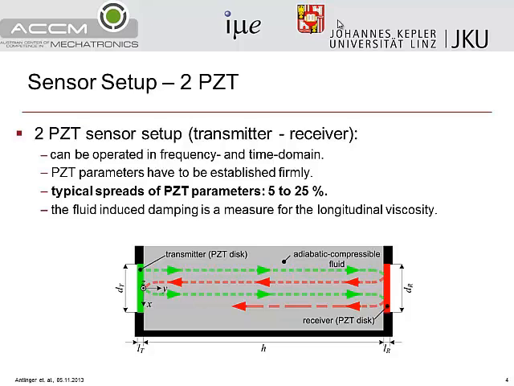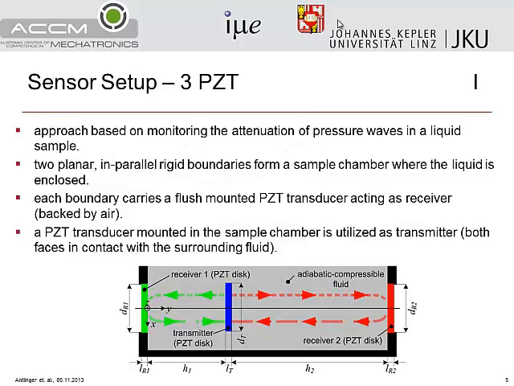What we mean with PZT parameters is the material data you get from the manufacturer. And the fluid damping, which the excited pressure waves see on their propagation path from the transmitter to the receiver, is a measure for the so-called longitudinal viscosity. So we expanded this setup to a 3 PZT setup.